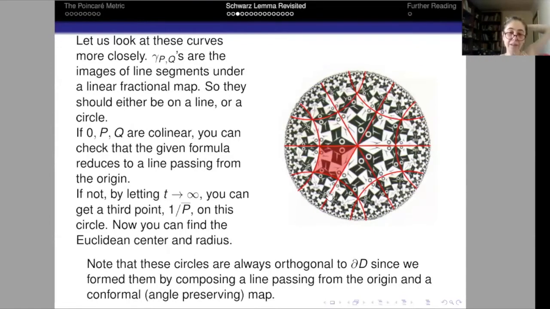And these circles are always orthogonal to the boundary B because we formed them by composing a line passing through the origin and the conformal, angle preserving map. So when they intersect the boundary, they are at a right angle.